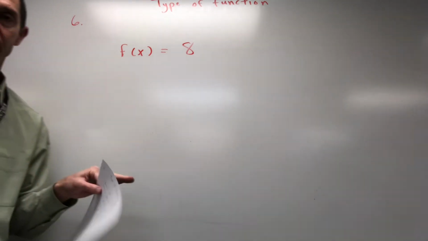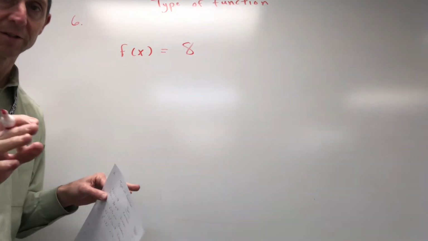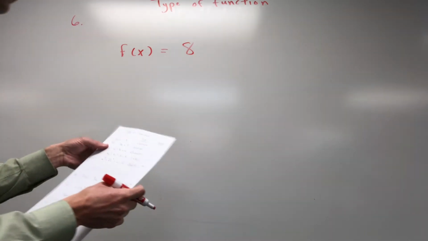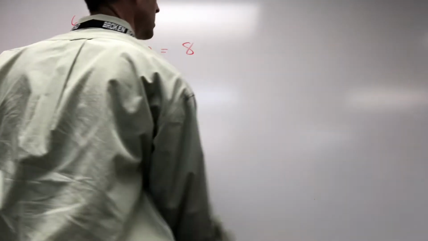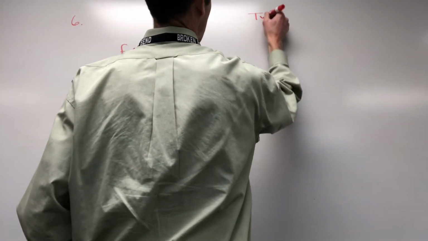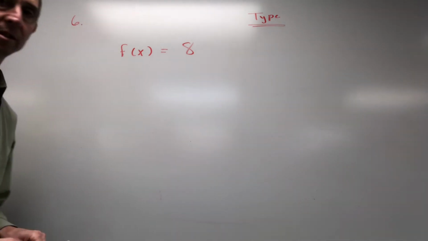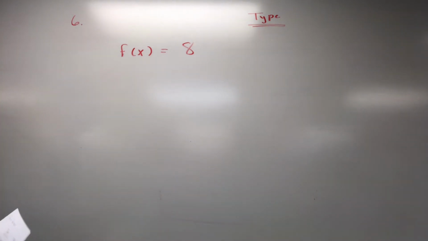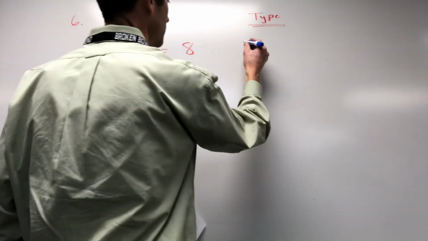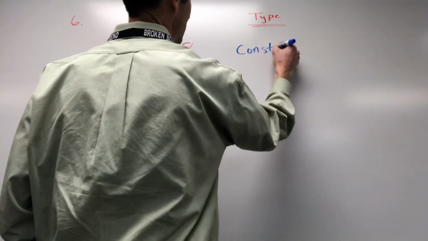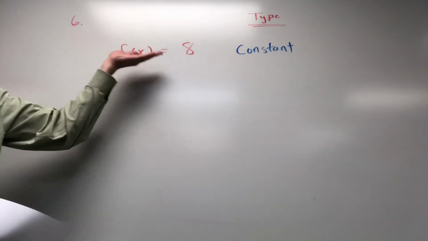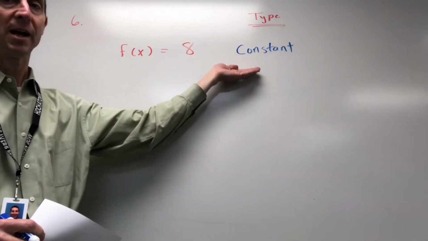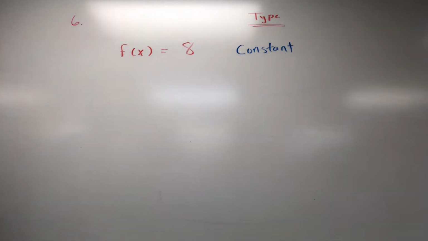If it's just a number, you have no variable right there, just like f of x equals 8. This is what's called a constant function. So you get this on the assignment where they give you a function and you've got to say what type it is. That's a constant.